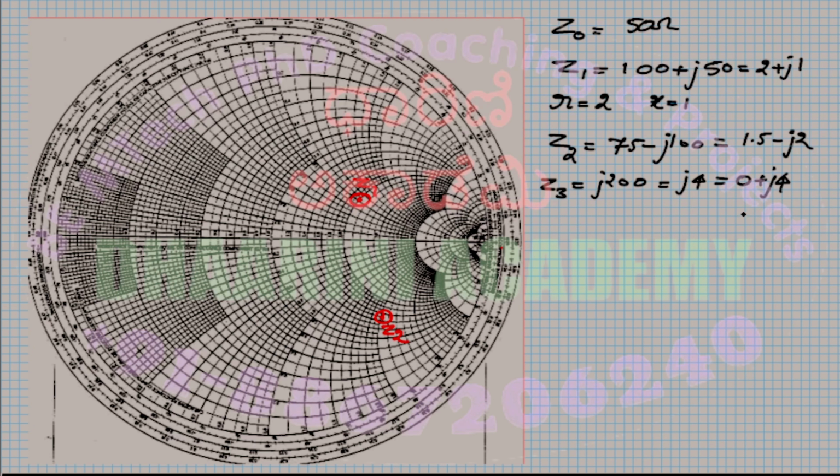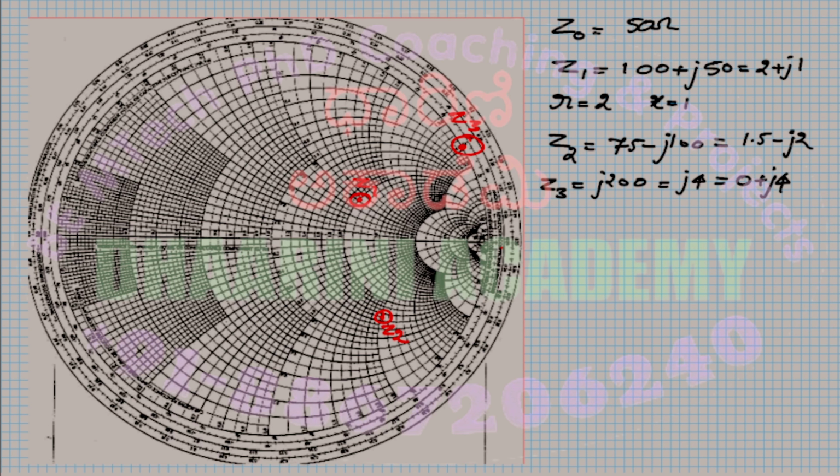The r equal to 0 circle is the outermost circle. R equal to 0 and x equal to 4 is what I want to find. So x equal to 2, 3, 4. This is the point I'm talking about, because x equal to 4 is intersecting with the outermost circle, which is r equal to 0. So this is the point corresponding to Z3.